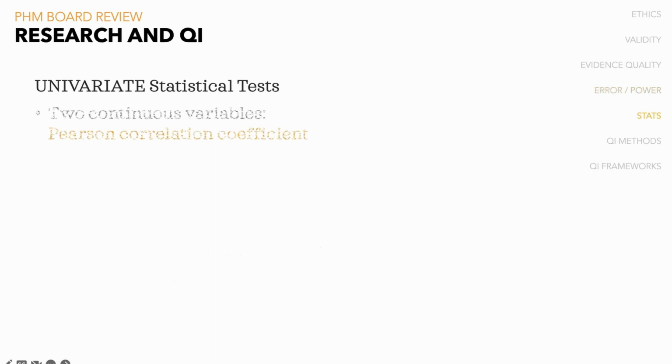So what if we have two continuous variables? So maybe we are looking at length of stay, and respiratory rate when the patient was admitted. So in that case, we have two continuous variables that we can compare to each other. We would use Pearson correlation coefficient just to see if there's any correlation between those two continuous variables.